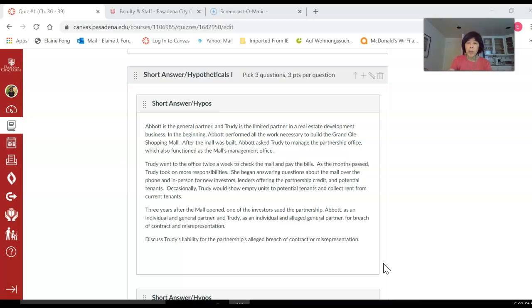And if the partnership gets sued and the plaintiff is able to argue that about Trudy's role, she will have to stand in the lawsuit and be responsible for the partnership's alleged breach of contract or misrepresentation. So it's unfortunate for Trudy, but that's what's happened. And that's something you need to look out for if you are a limited partner in a limited partnership. All right, let's move on.